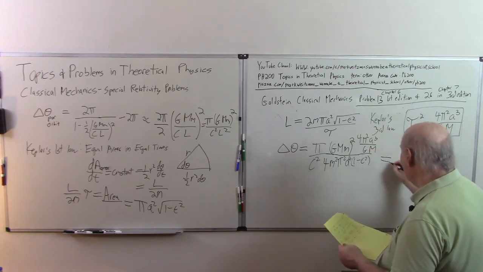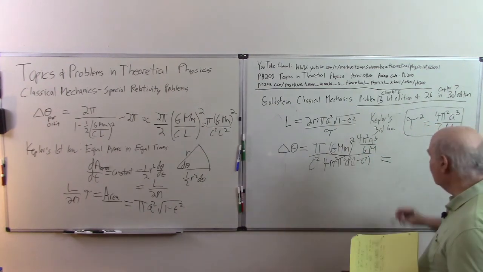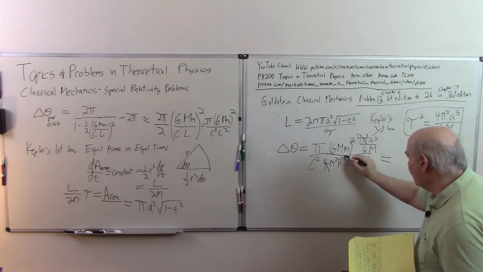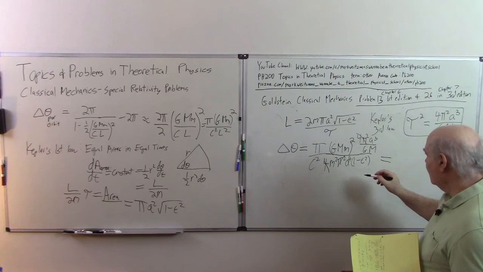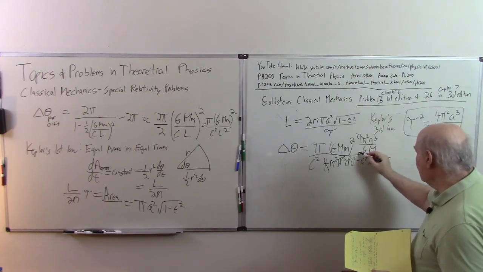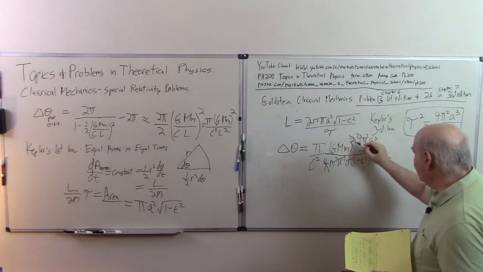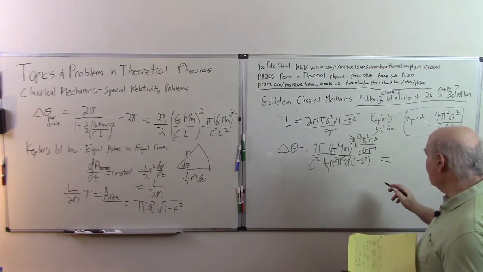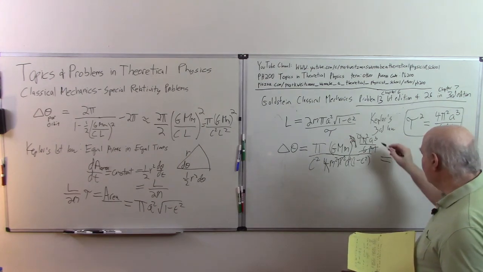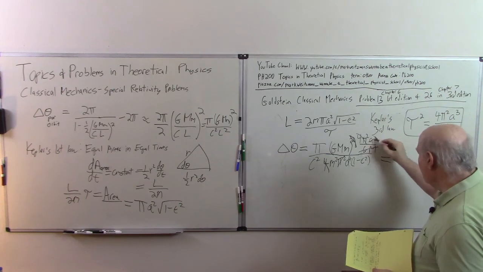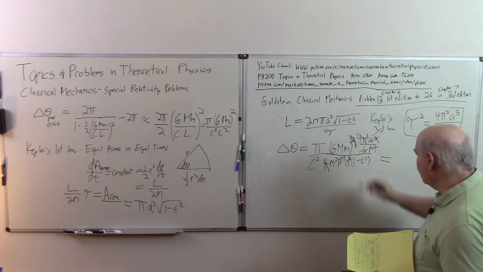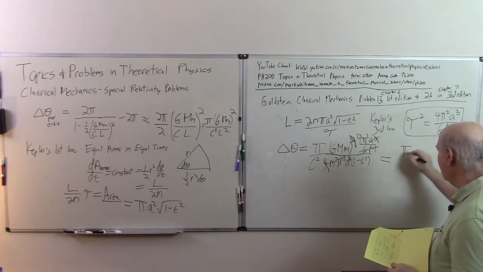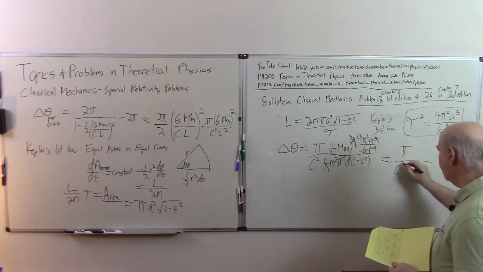Okay, so there are lots of cancellations here. 4 pi squared cancels out the 4 pi squared there. The GM cancels out this 2 here. And a cubed cancels out the 4 there. So we're left with pi over c squared.